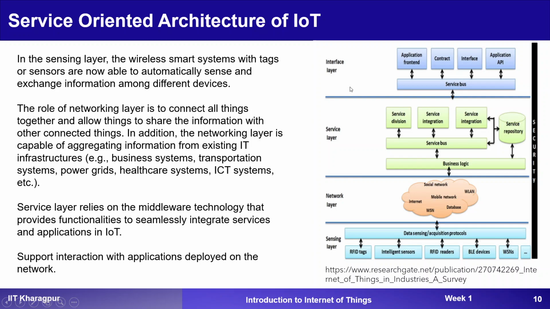You can compare this architecture with your OSI model in computer networks. For example, in your OSI model, there is the application layer, right? That application layer is responsible for providing various protocols that are responsible for interfacing with the user.